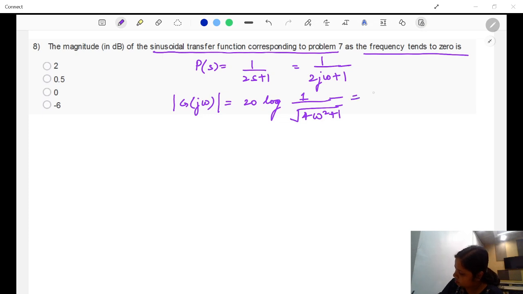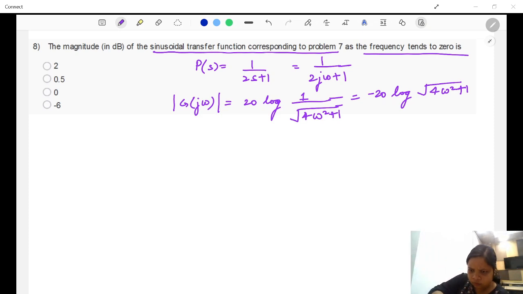It can be written as minus 20 log under root 4 omega square plus 1. Now we want to say what happens as frequency tends to 0.